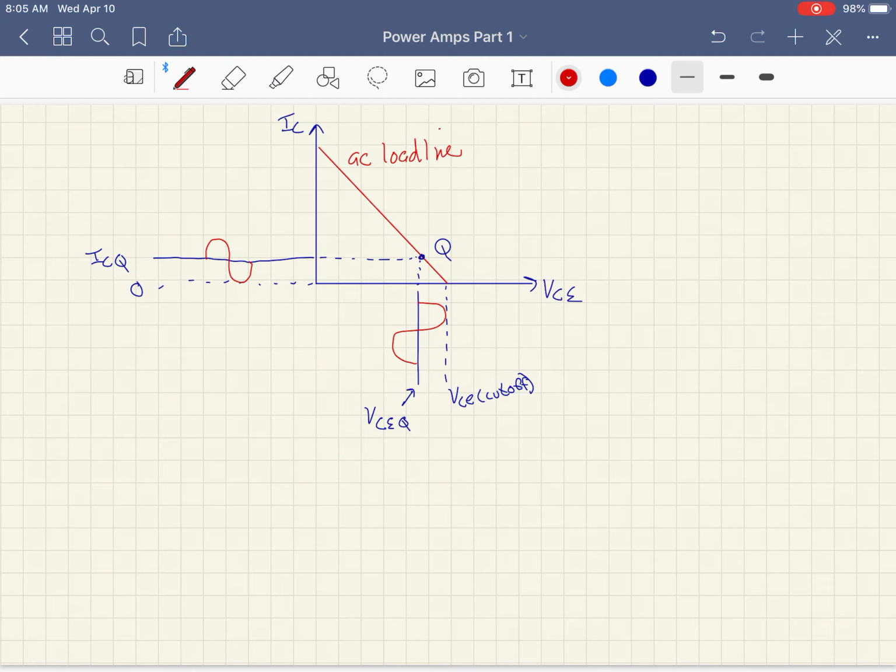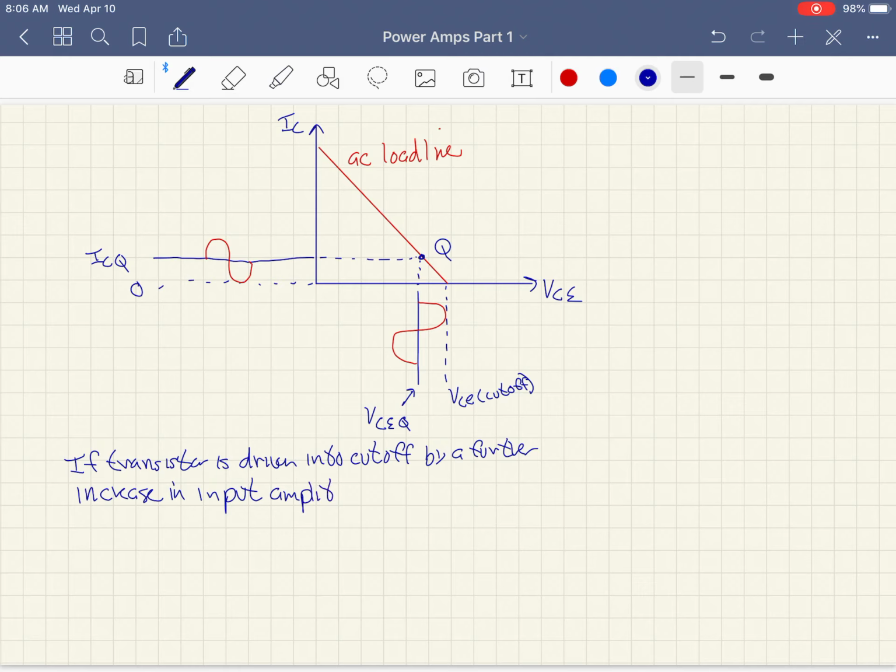Okay, if the transistor is driven into cutoff, so we try to add too much amplification, let's say by a further increase in input amplitude.